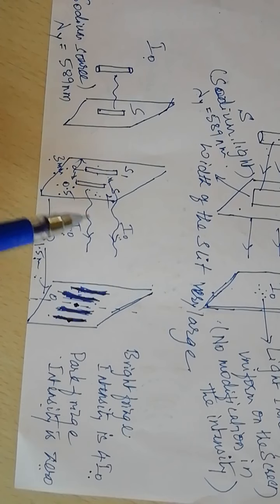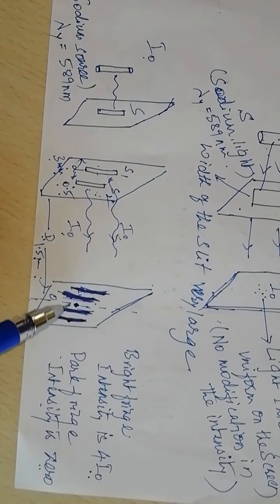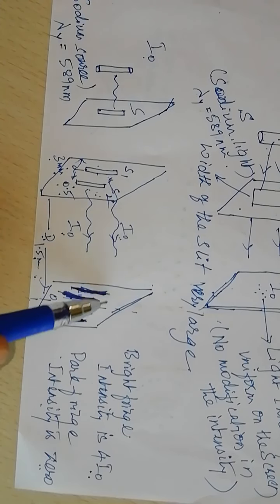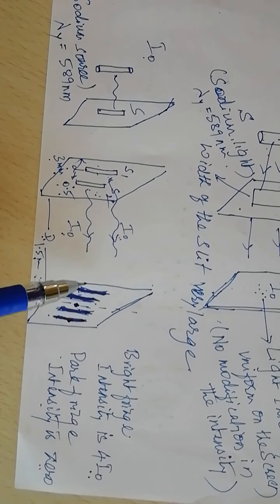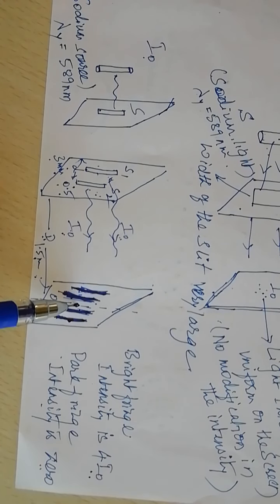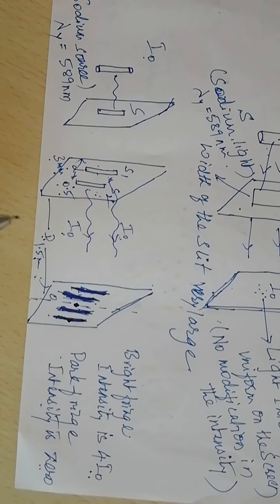So the waves superpose here, either constructively or destructively. Hence there is a modification in the intensity of light due to redistribution of light; that is, the energy lost in the dark band appears in the bright band. This is called the phenomenon of interference.